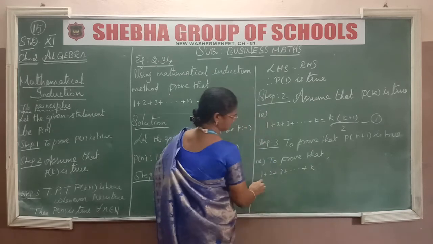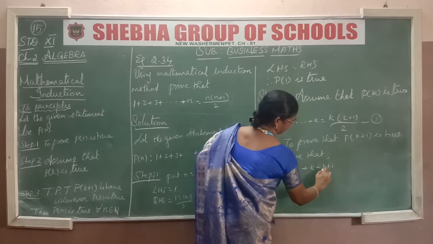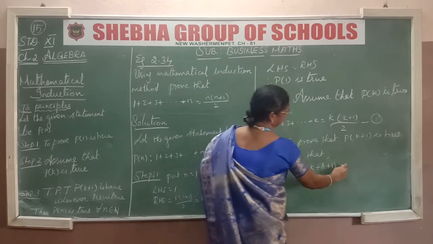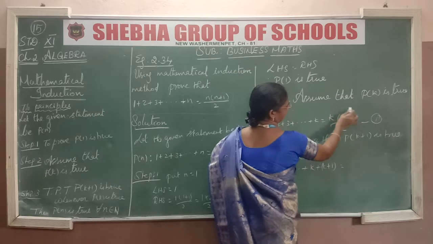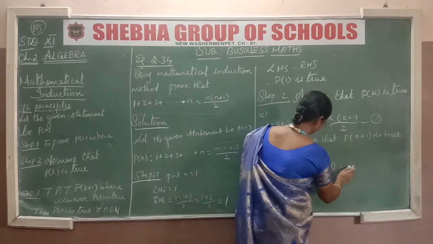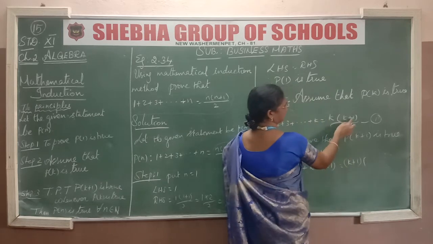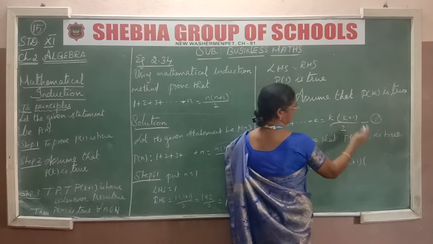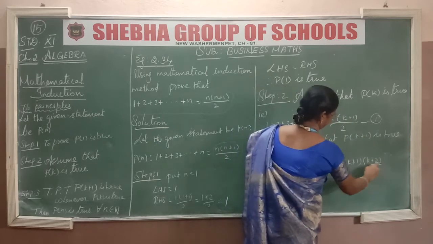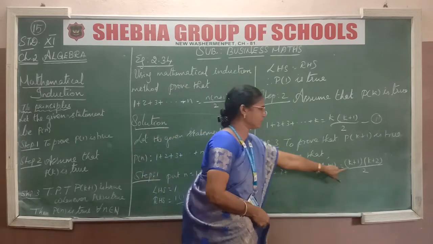This is k terms. And we want k plus 1 term. So one more term we have to write, k plus 1. This is equal to what we get instead of k? k plus 1. So substituting k equal to k plus 1, that is, k plus 1 into k plus 1 plus 1, so k plus 2 by 2. So we have to prove that this equals this.